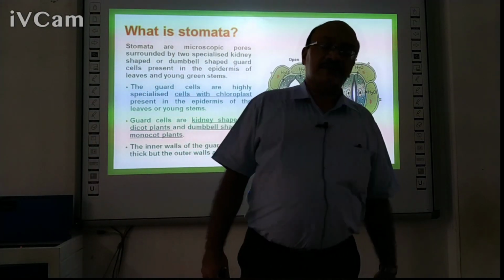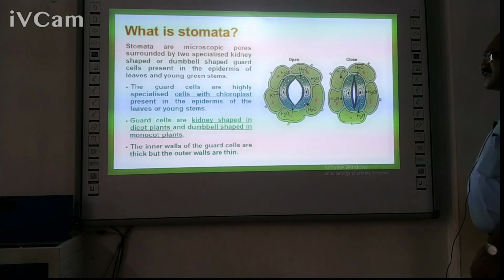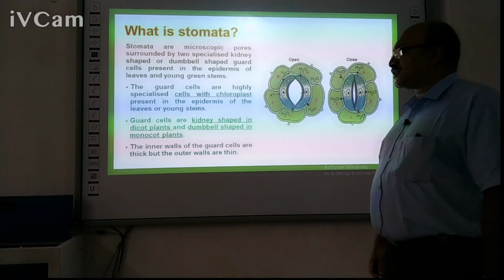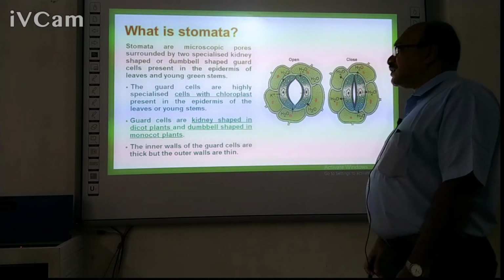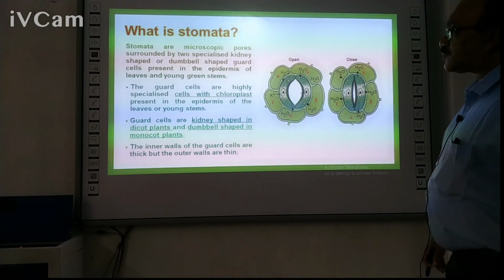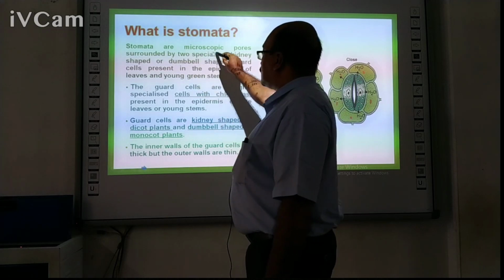As we are going to discuss the different types of transpiration, let us see the structures through which transpiration takes place. One of them is the stomata. What is stomata? Stomata are microscopic pores.